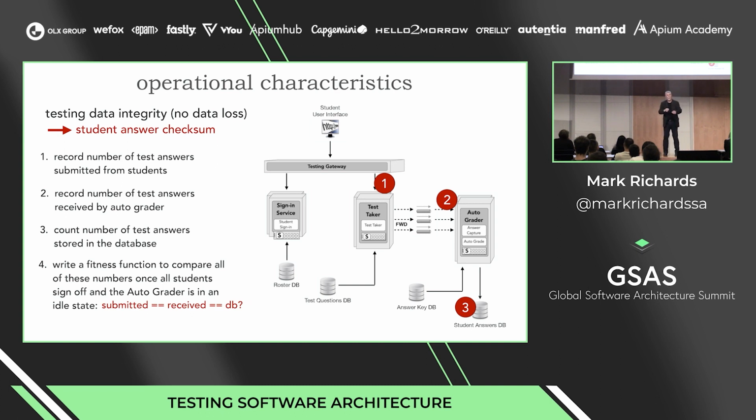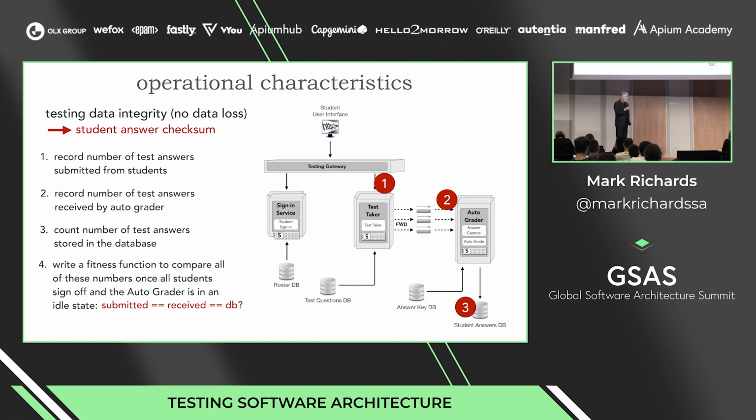The first event, all the students have signed off for the day. Event number two is that the autograder is now idle. I've dequeued everything, I've graded them all, and I've stored everything in the database. Both those services know when that happens. And so, thinking about these fitness functions early on, these will be user stories.